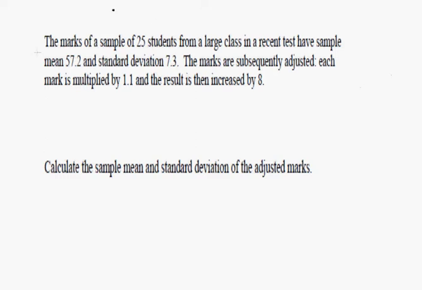So this one's fairly straightforward, should be fairly quick. In x bar 1, in the first instance, is 57.2. So x bar 2, after the adjustment: what happens here is that it gets increased by 1.1.